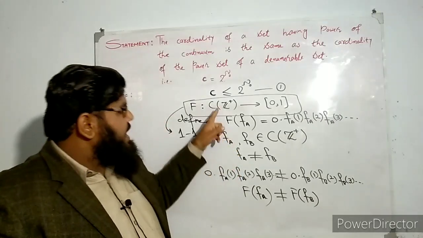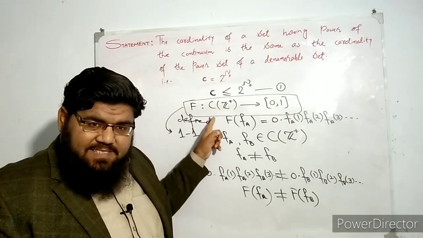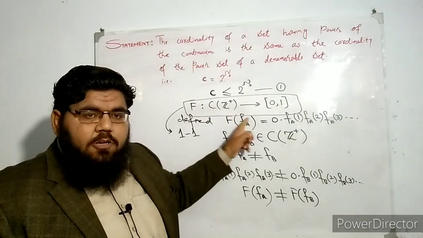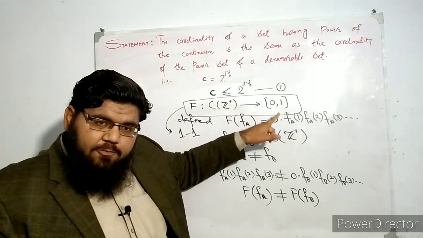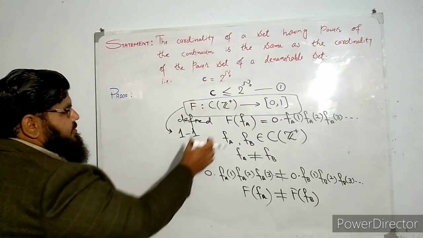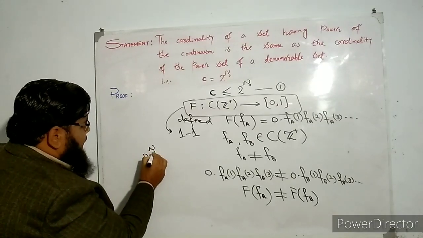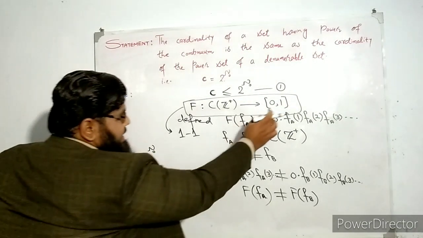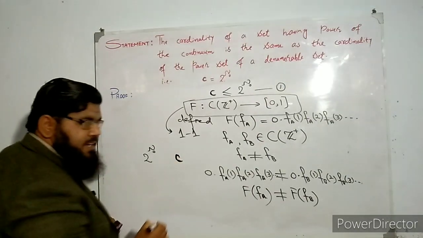If this function is 1-to-1, it means the cardinality of this input set will be less than or equal to the cardinality of the output set. And as I have told you earlier, the cardinality of this input set here is 2 to the power alpha naught, and the cardinality of our output set is c, being the power of the continuum.